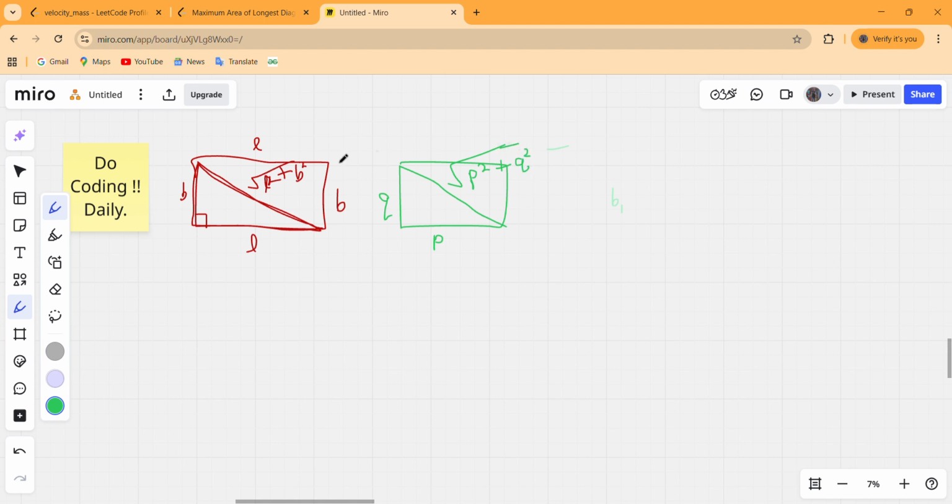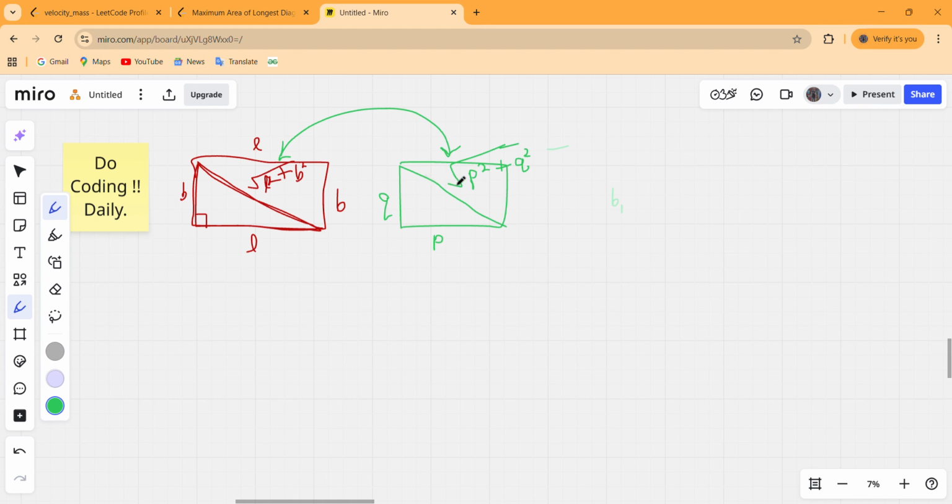Now if we have to compare the diagonal lengths of these two rectangles, we have to compare the diagonal length like this: under root of L square plus B square with under root of P square plus Q square.